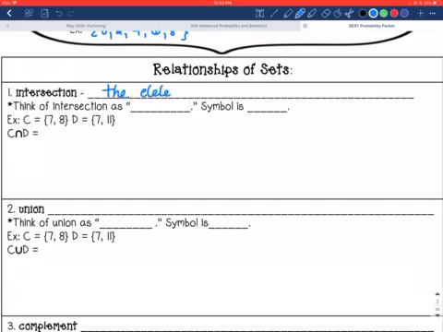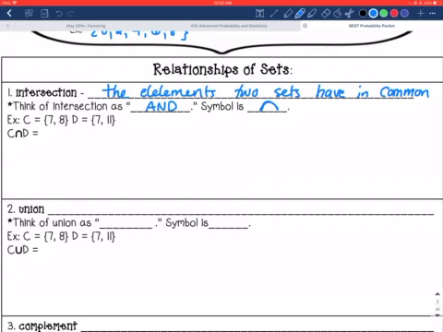So if we have an intersection, that is the elements two sets have in common. Okay, and the big word we use for here is and, okay? I want you to focus on that word and. The symbol for this is kind of like an upside down, it's just like an arch, I guess.